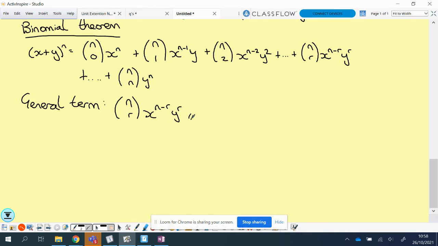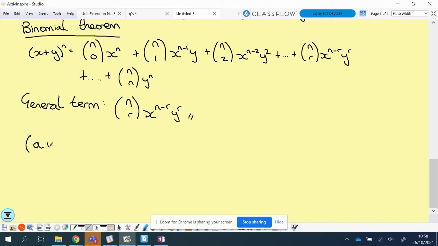If I now go into the formula sheet, the formula sheet for the binomial theorem says this. Where am I? Yep.